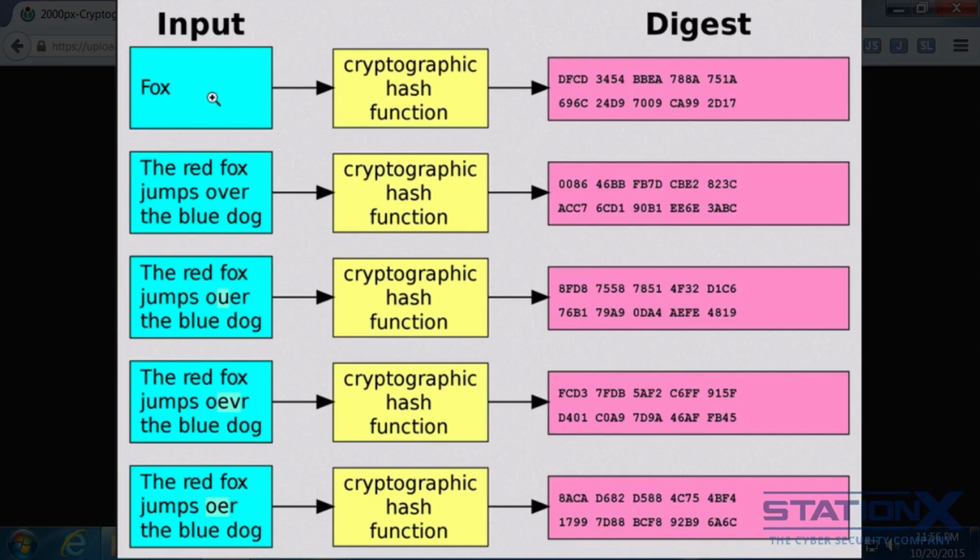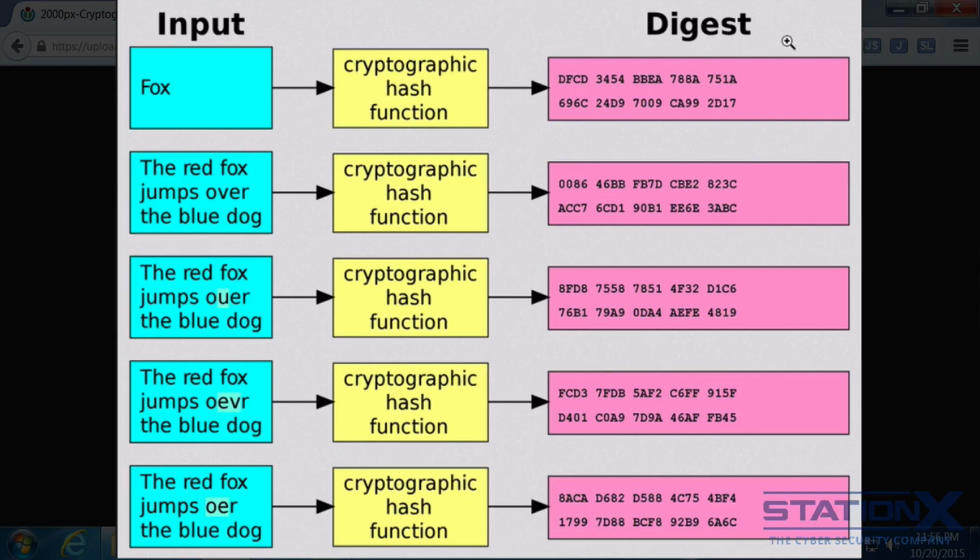In this case, we've got Fox, and it converts it via this hash function to here, a fixed size string of characters. And these values returned by the hash function are referred to as simply hashes or message digests, or in this case, digest.